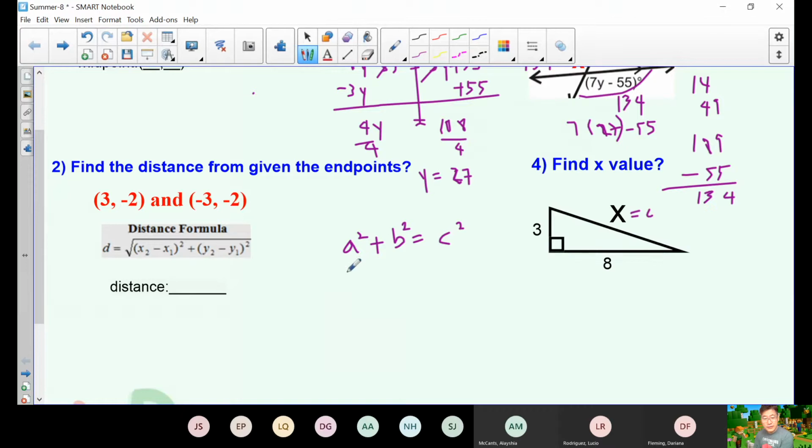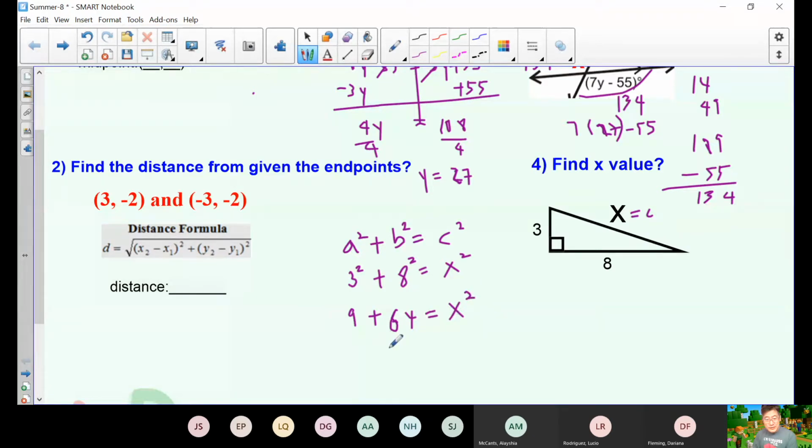So I'm putting in here 3 square plus 8 square equal x square as a position value, right? 3 times 3 is 9. Okay, I'm sorry. 8 square is 64, right? Equal x square.